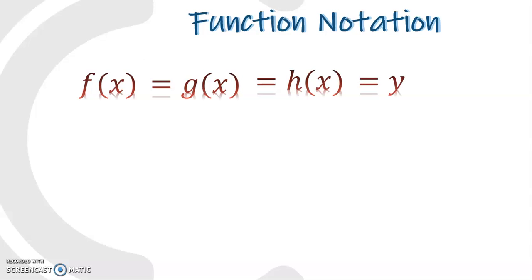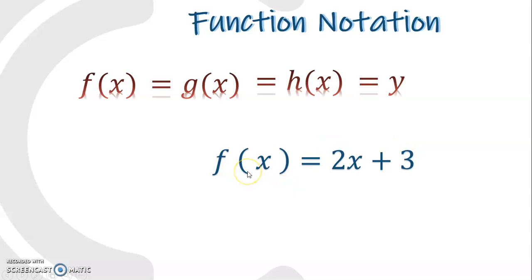As you can see here, we have the f, the g, and the h. And these are just representing the letter y. So in a linear equation, f of x equals 2x plus 3 is just the same as y equals 2x plus 3.